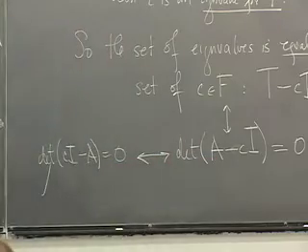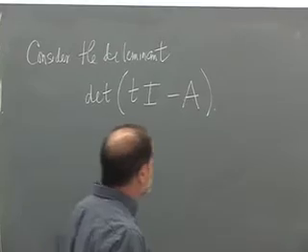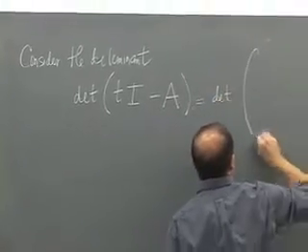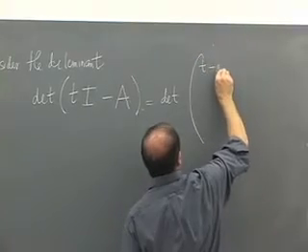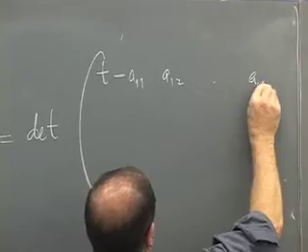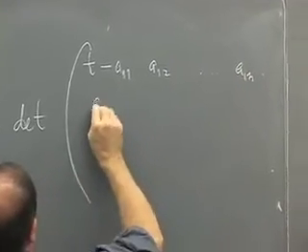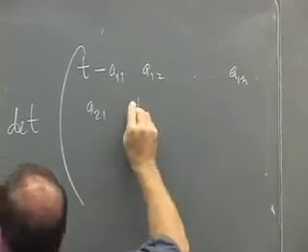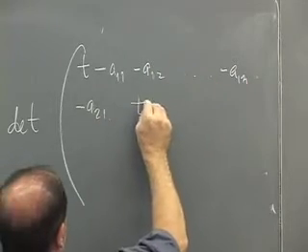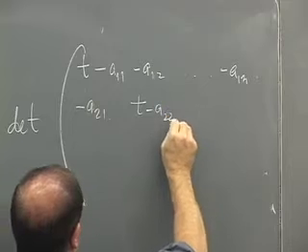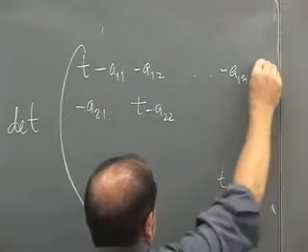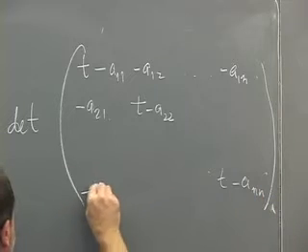So consider this determinant. Now, what does that mean? That means this would be the determinant of the matrix that looked like this: t minus A11, minus A12, minus A1n, minus A21, sorry, with minus signs, thank you, t minus A22, t minus Ann, and this would be minus An1.